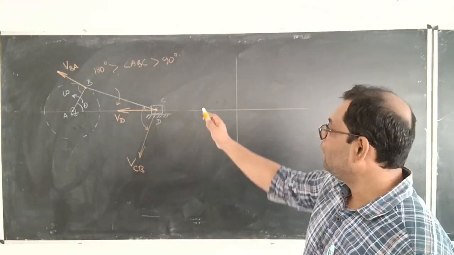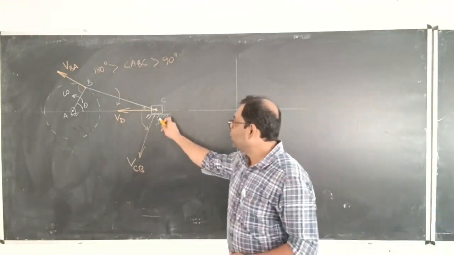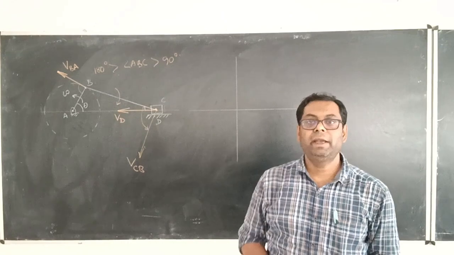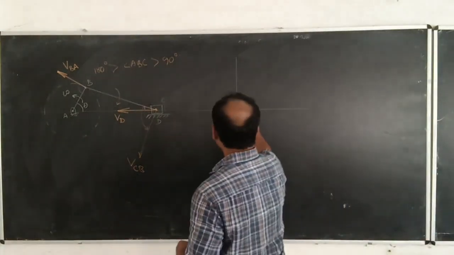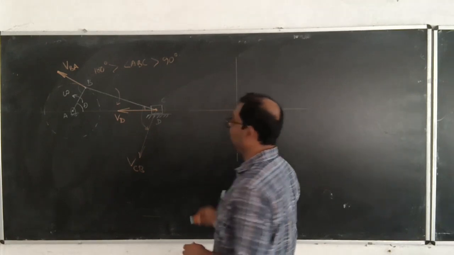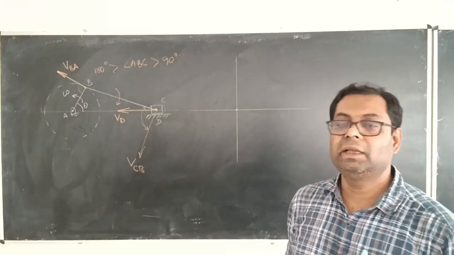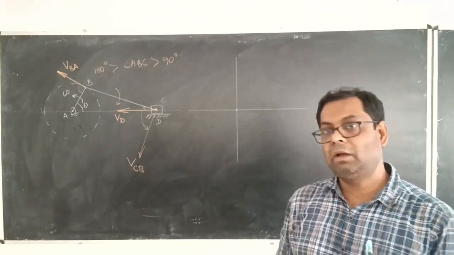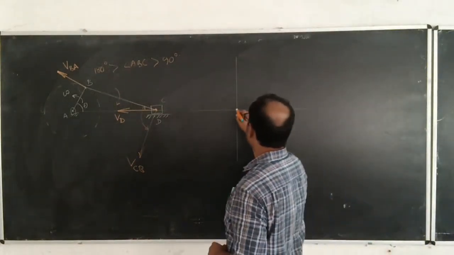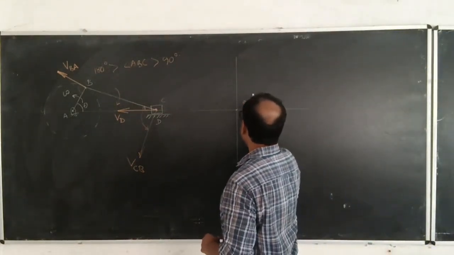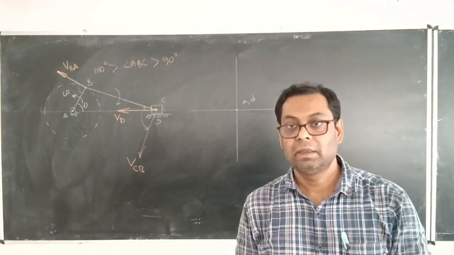From this space diagram, we can find that there are two points, point A and point D, which are motionless, which don't have any motion. So from the law of the velocity diagram, we must put them at the origin. So point A and point D are kept at the origin.